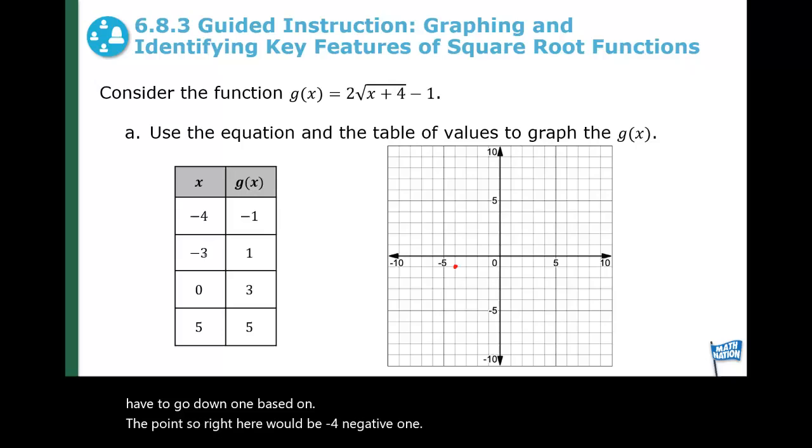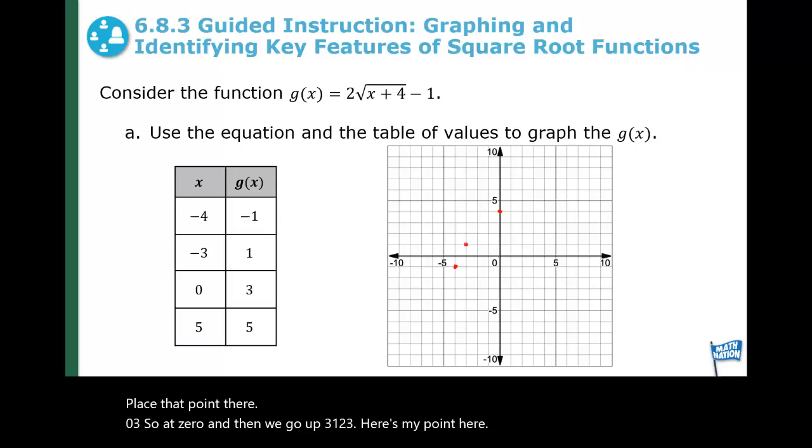Okay, the next point we have is -3, 1. So 1, 2, 3 to the left, and up 1. Place that point there. Then 0, 3, so at 0, and then we go up 3, 1, 2, 3. Here's my point.